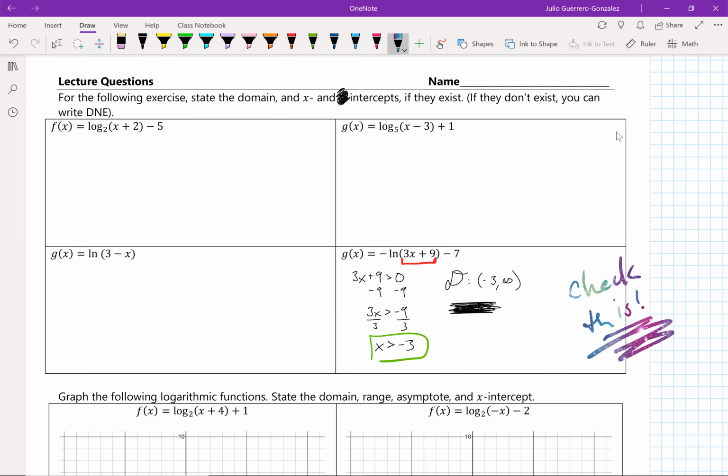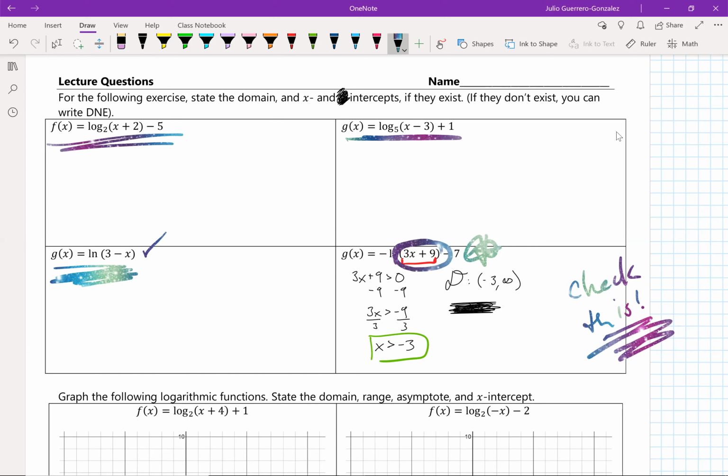No. For this one, you should be able to solve for an x-intercept. It's just this one that I chose badly. The bottom right one? Yeah. What's wrong with it?